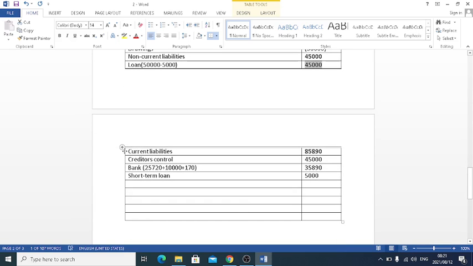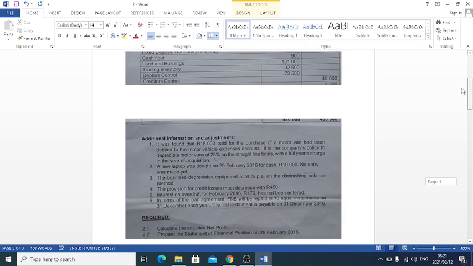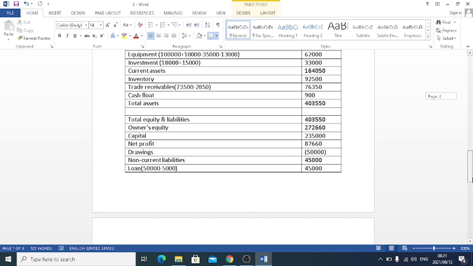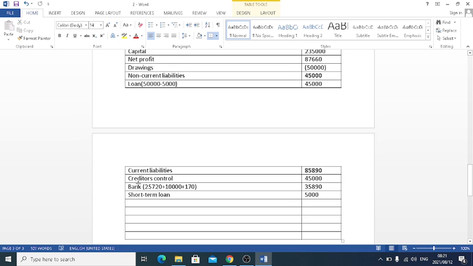Then your current liabilities are formed by three items. Your creditors control, 45,000 under your trial balance. Then your bank overdraft.